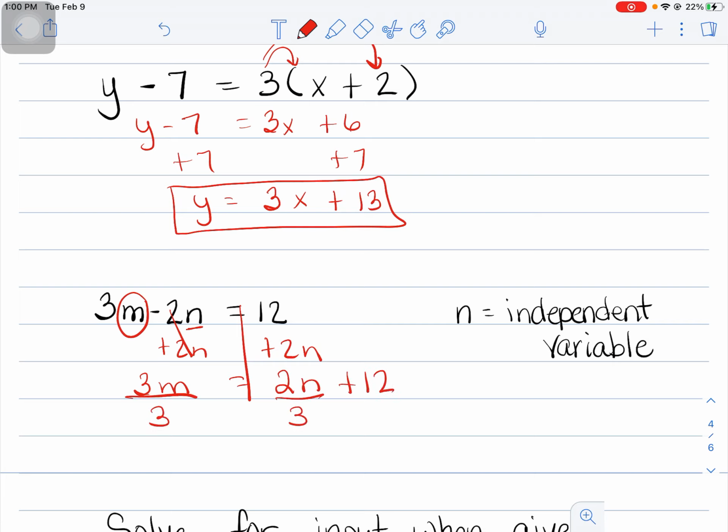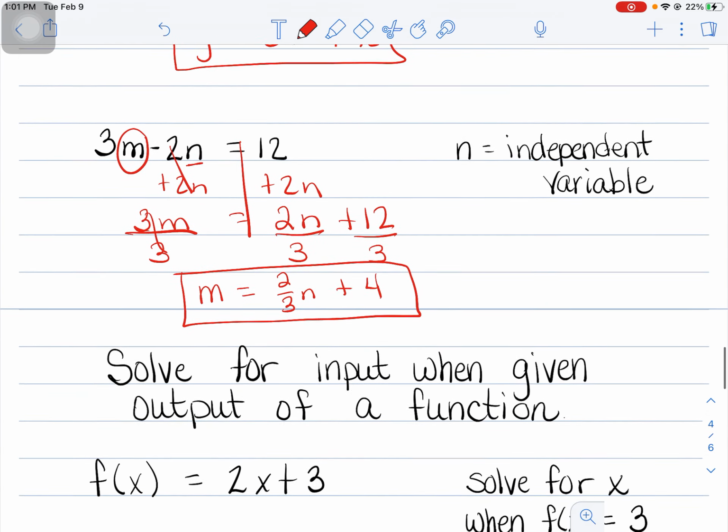Then I'm going to divide all my pieces by my coefficient of 3. I get m equals 2/3 n plus 4. So this would be my rule with n being the independent because it's within the rule, and it's solved as m equals, or the output equals the rule.